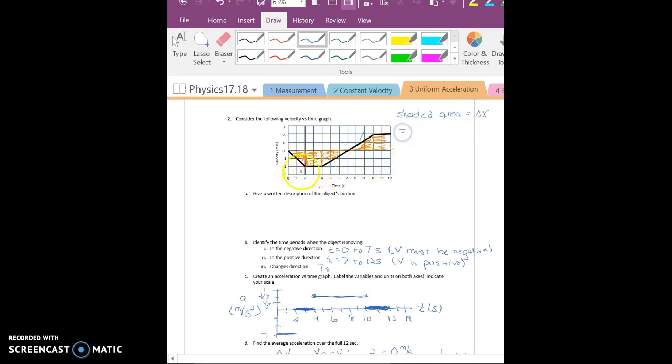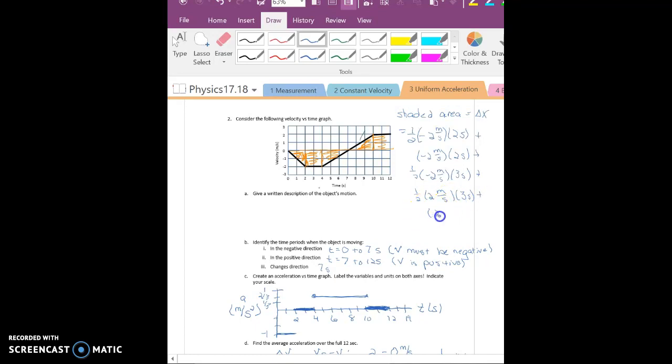That's going to equal, so a triangle is half base times height, right? So half times -2 meters per second times 2 seconds, plus we've got -2 meters per second, 2 seconds, plus half of -2 meters per second for 3 seconds. And then we're moving to the areas that are above the x-axis. So we've got half of 2 meters per second times 3 seconds.